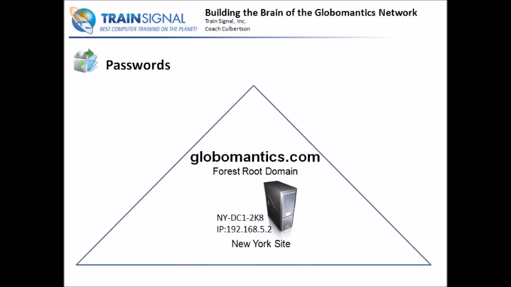All right, so here's what we've created so far. I want to talk with you about this whole password mix. We have created Globomantics.com. Remember, that's our forest root domain because it's the very first domain in our whole network. Here's our machine. We haven't named it New York Site yet because we've just installed Active Directory Domain Services and we're just getting this whole thing started.